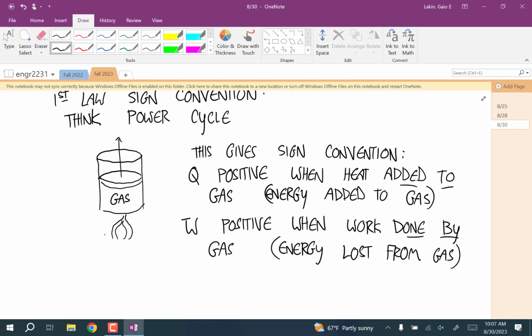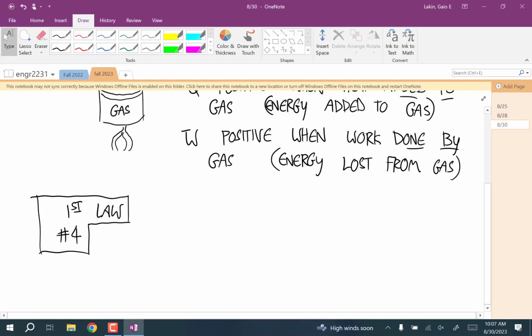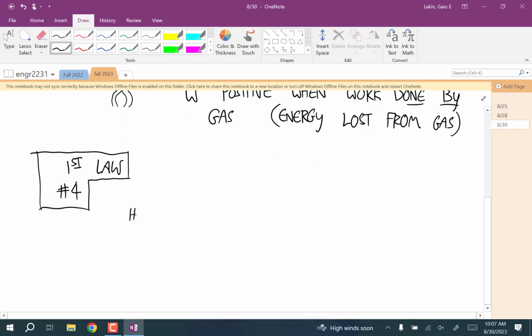Oh, a heat pump and a refrigeration. Okay, yes. So in first law number 4, heat pump and refrigeration cycles work the same way.